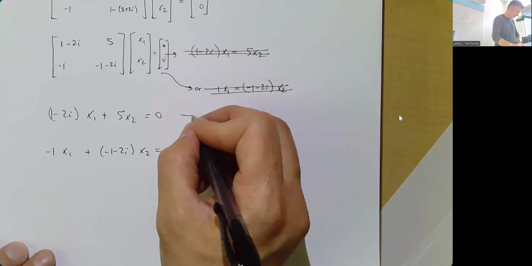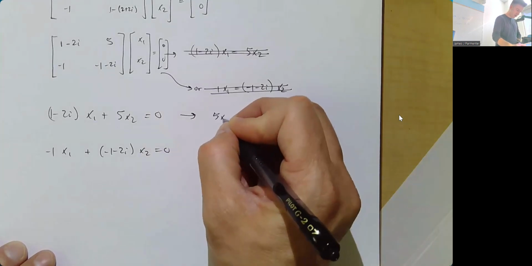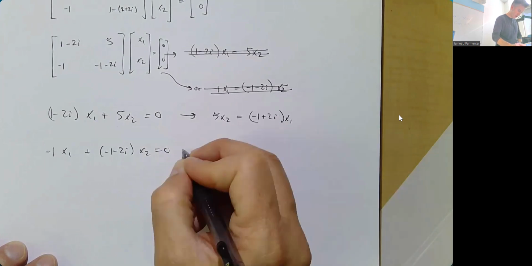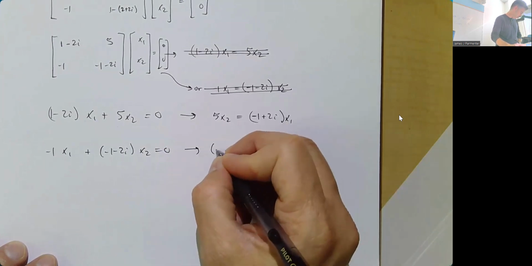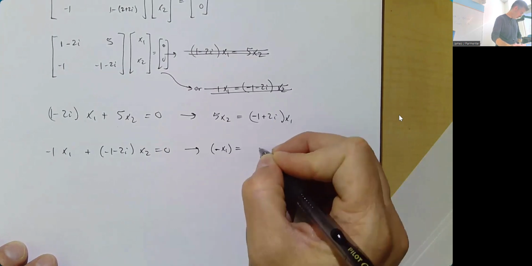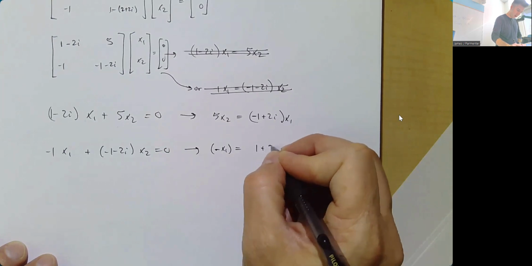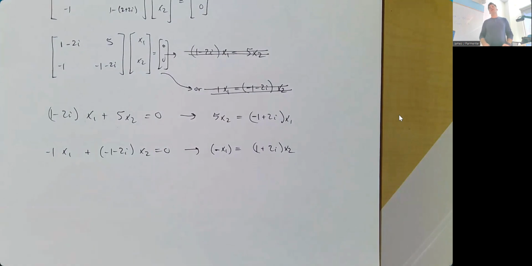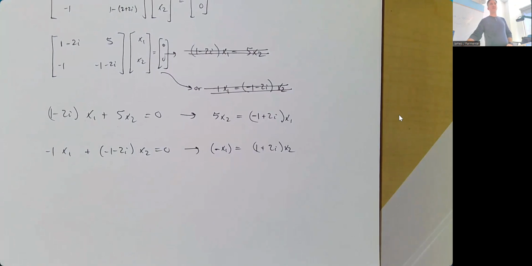Both of those lead to the same equations we had: 5x2 equal to (-1 plus 2i) times x1, or -x1 equal to (1 plus 2i) times x2. Pun intended here, complex eigenvalues are complicated. They're complex, both literally and also actually when we try to do them.